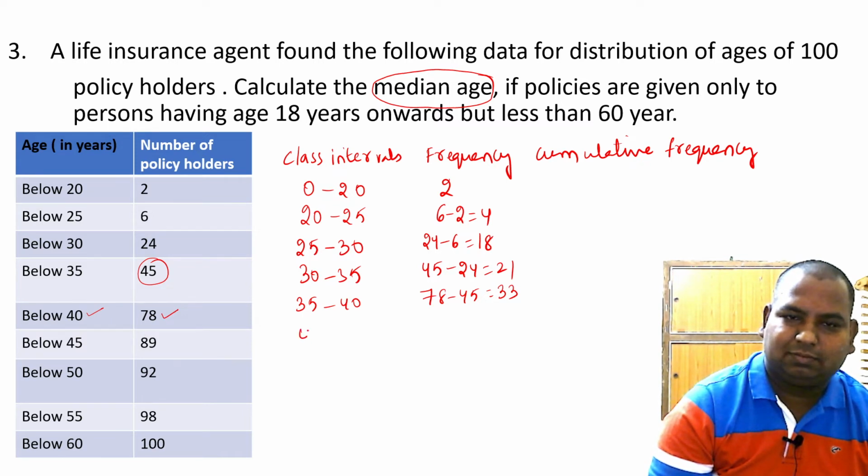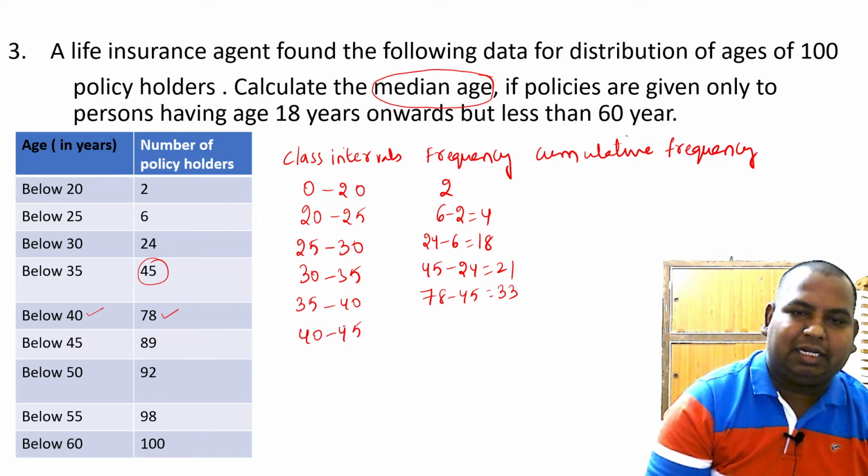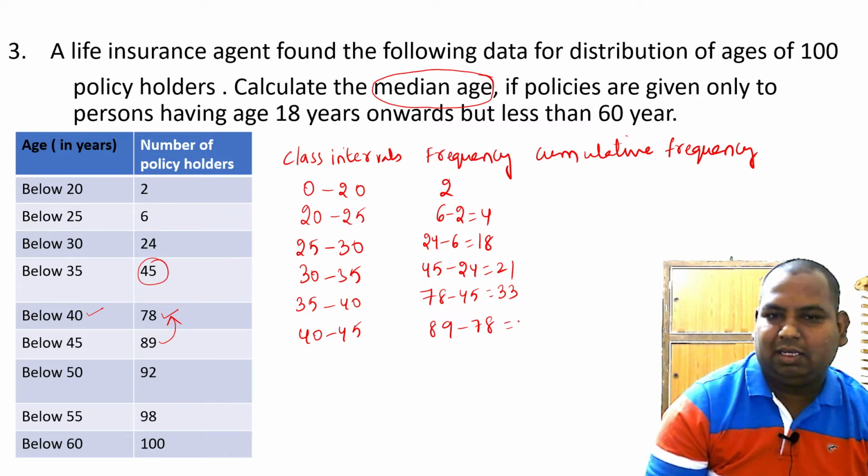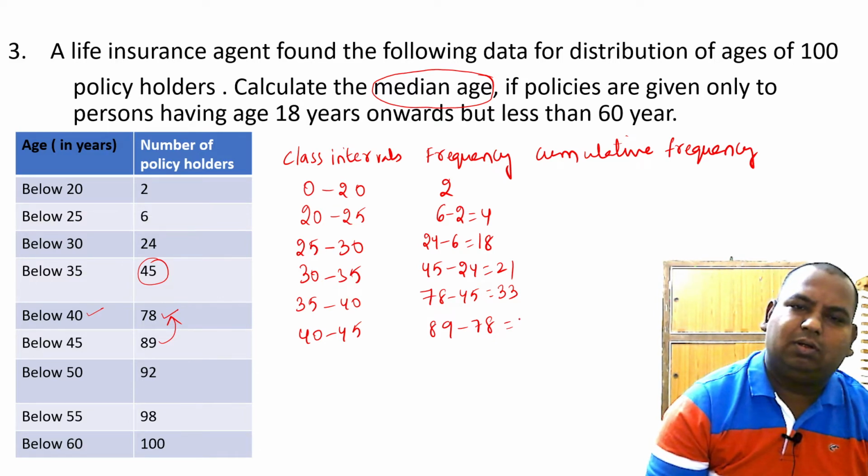Next, 40 to 45. Tell me how to find 40 to 45. We should do 89 minus 78, which would be equal to 11.